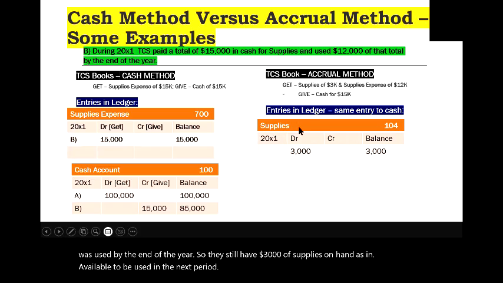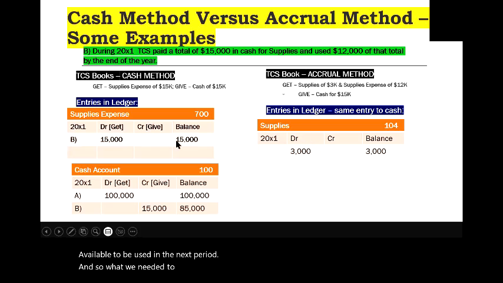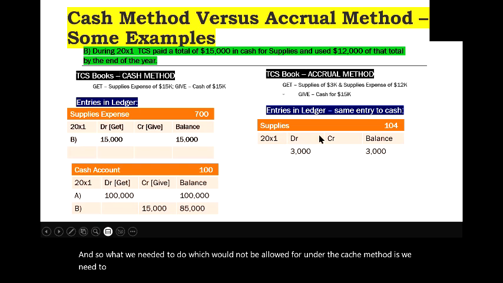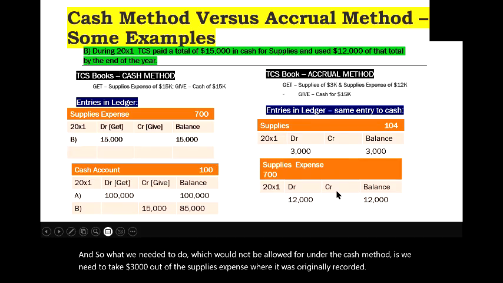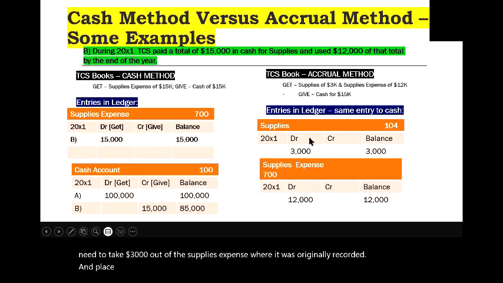And so what we needed to do, which would not be allowed for under the cash method, is we need to take $3,000 out of the supplies expense where it was originally recorded and place that into an account for supplies.